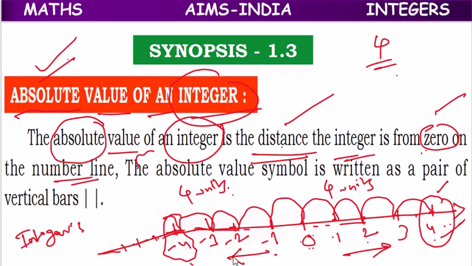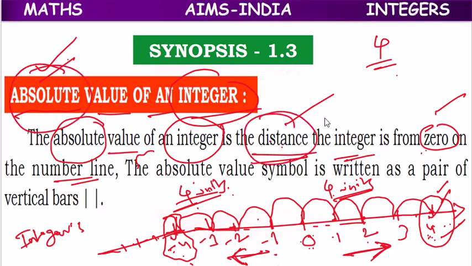The direction of measurement is different, but the value is the same. The absolute value of plus 4 is 4 units, and the absolute value of -4 is also 4 units. Why? Because absolute value is measured in terms of distance, which can never be negative.